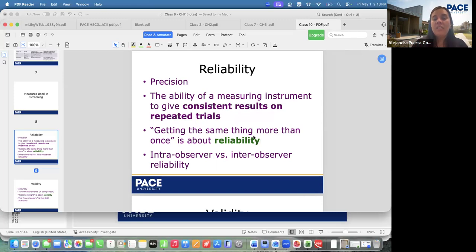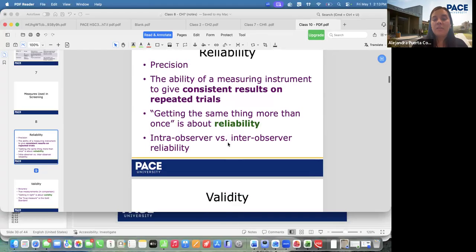That is reliability, getting the same thing more than once. And we're going to talk about intra-observer and inter-observer reliability. Every time I do the testing, I want to have the same results. And when I'm comparing my results to Alex, I want our results to be the same. Yeah? That's inter-observer.